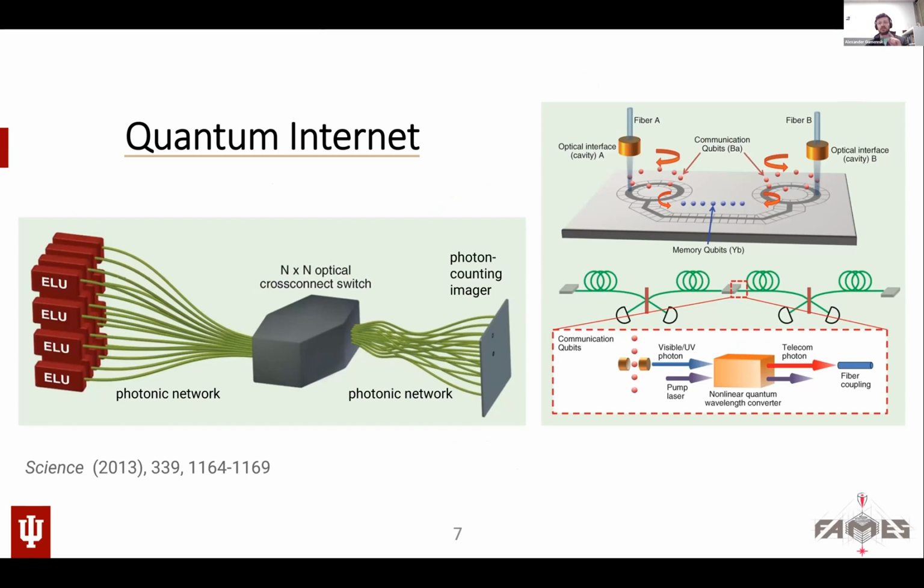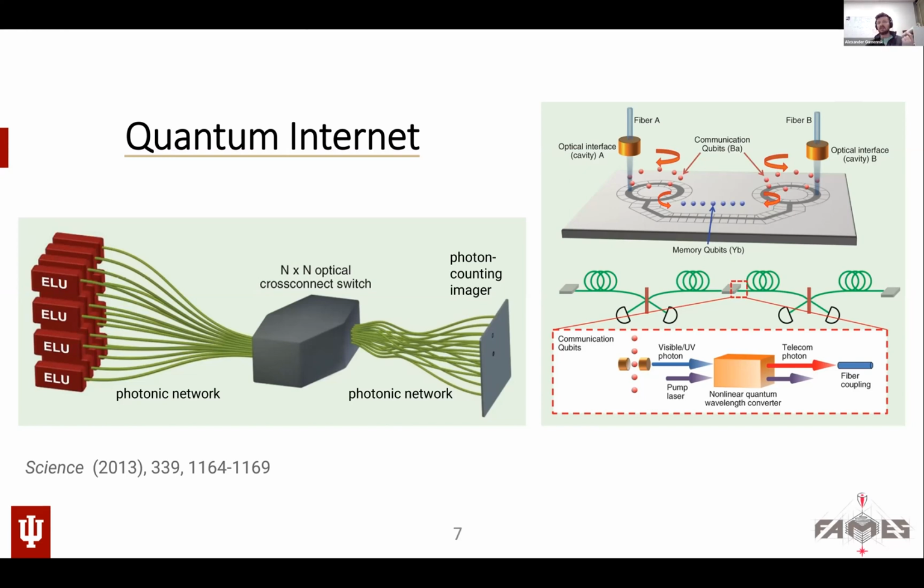So if you look into designs of commonly proposed integration schemes of quantum networks, those ELUs, which are elementary logical units, at least theoretically have to be able to communicate to each other with very high efficiency, such that a qubit in the form of one single photon emitted by this ELU makes it to the processing matrix with probability of 1.